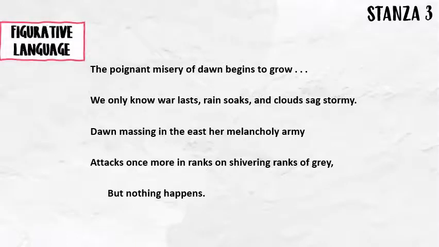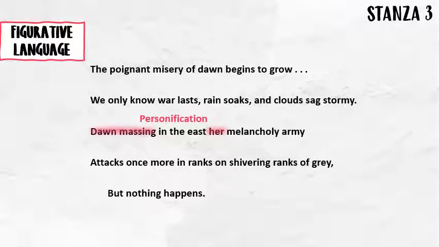Okay, so the figurative language. What I'm sure you've noticed is the references to dawn. Dawn, massing in the east, her melancholy army attacks once more in ranks on shivering ranks of grey.